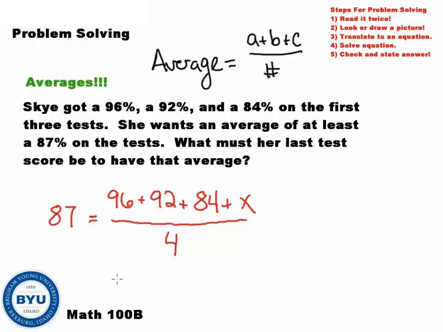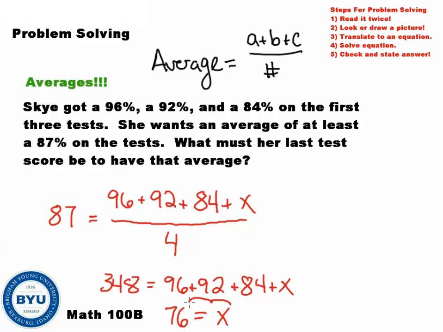When we do that, we get 348 equals 96 plus 92 plus 84 plus x. We then can go ahead and just subtract each of these out of the 348. So I go minus 96, minus 92, minus 84. You can use a calculator if you want. You should have got that she needs a 76% on that last test to make sure that she has an 87% overall on her test averages.